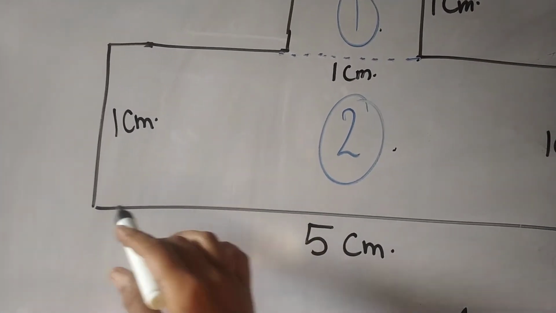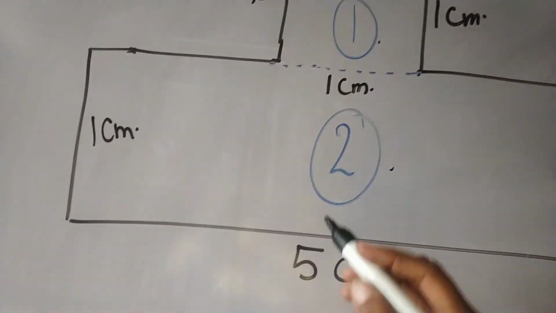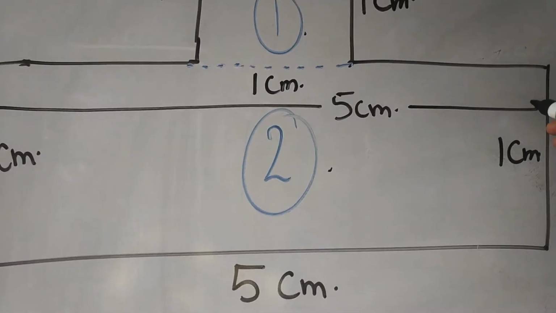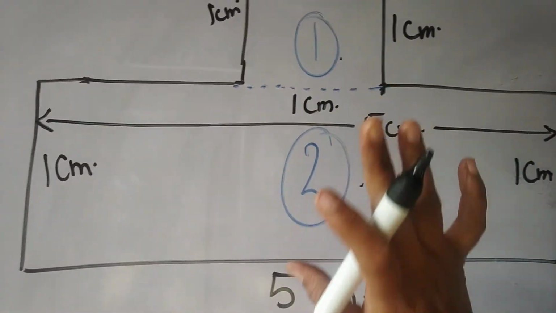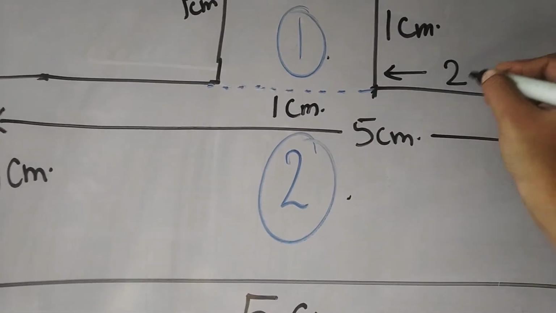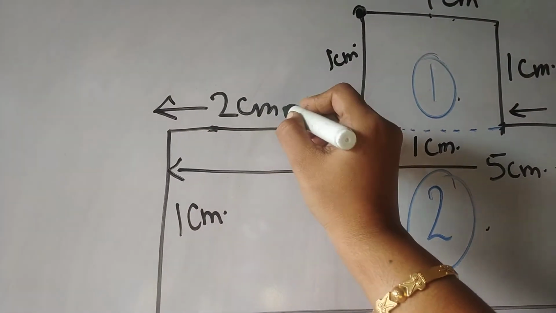The total distance of this will be equal to this because it's a rectangle. So this whole length will be 5 centimeter. Out of this is 1 centimeter. So now remain 5 minus 1, 4 centimeter. Because it is in the middle, this will remain now 2 centimeter. And this will also remain 2 centimeters.